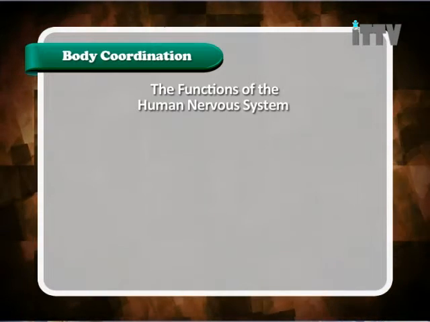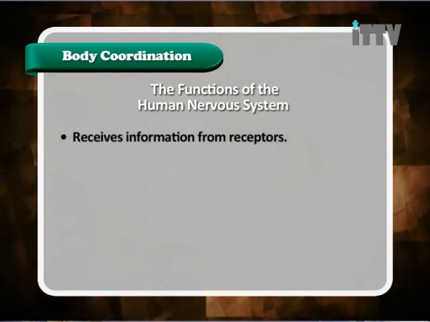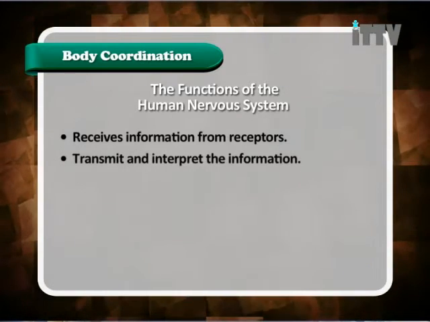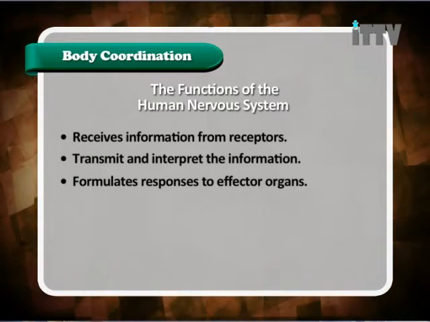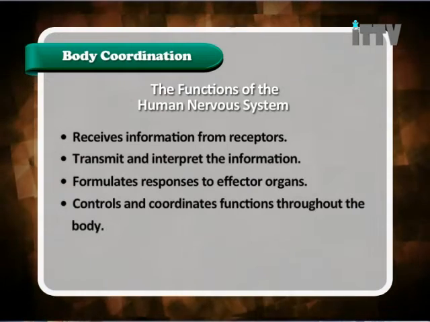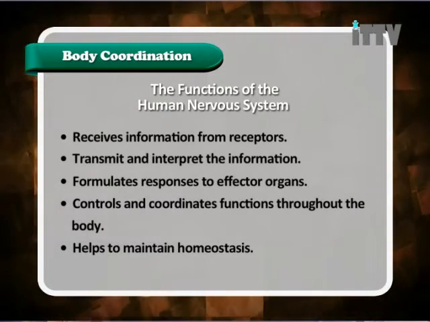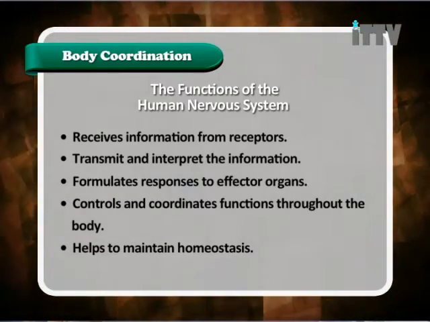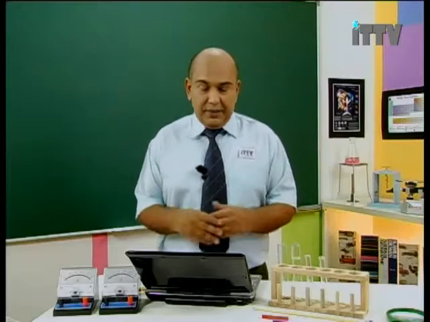Functions of the human nervous system: receive information from receptors, transmit and interpret the information, formulate responses to effector organs, control and coordinate functions throughout the body, and help to maintain homeostasis. These are a few of the functions of the nervous system.